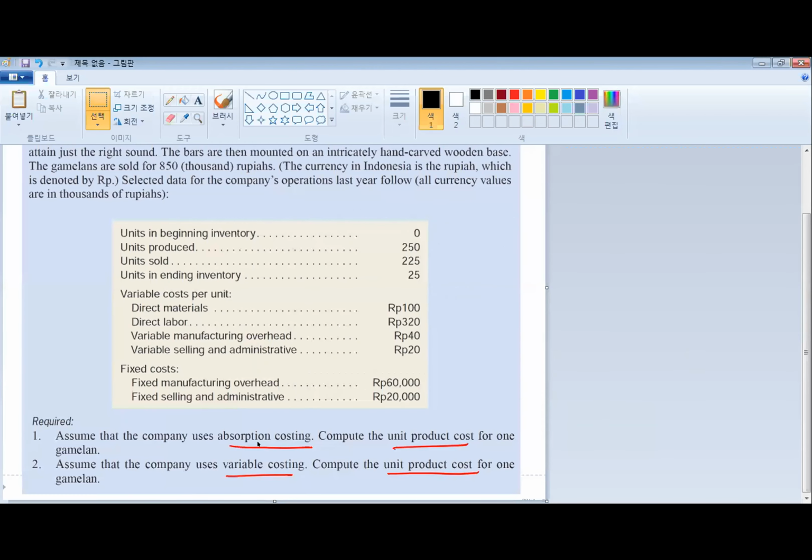Absorption costing, compute unit product cost. So it's direct materials.